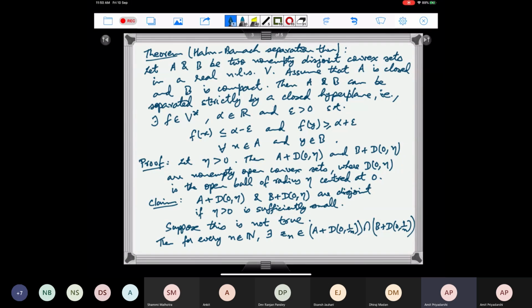So if you have two closed sets, you can separate them by open sets. And they will be balls, so they will be convex.